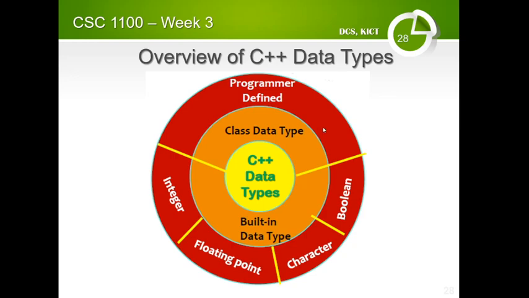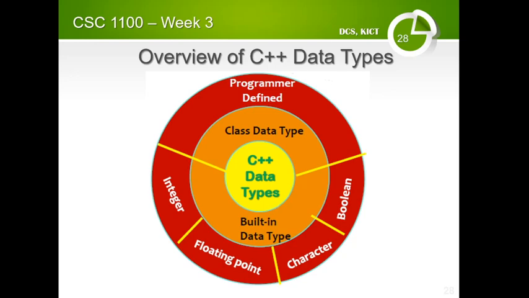We see there's a programmer-defined data type. These are integers, floating points, characters, and booleans. There are also class data types, and this all constitutes a C++ data type.